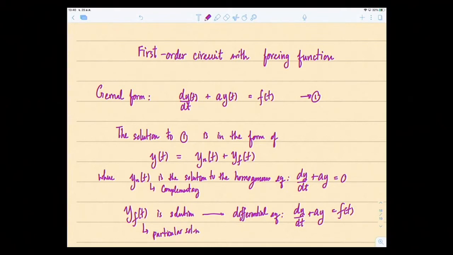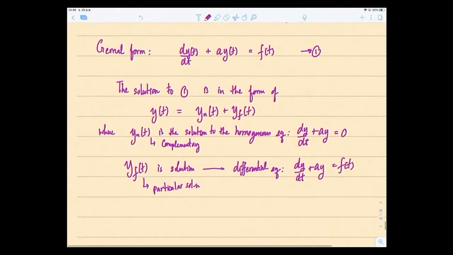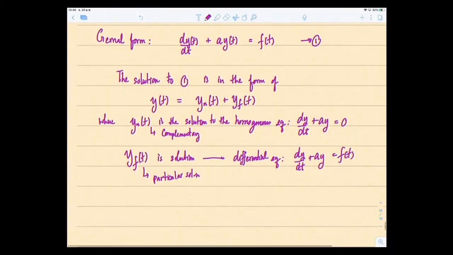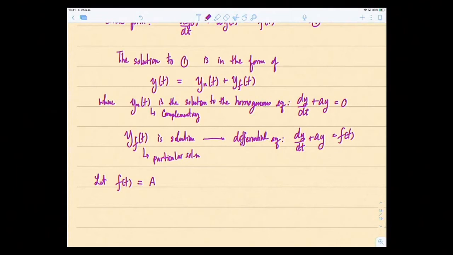We're going to solve for yn and yf, but to start, I'll show the easiest solution, which also represents DC in electrical engineering. So I'm going to let f(t) equal a constant A. We have to solve two equations.